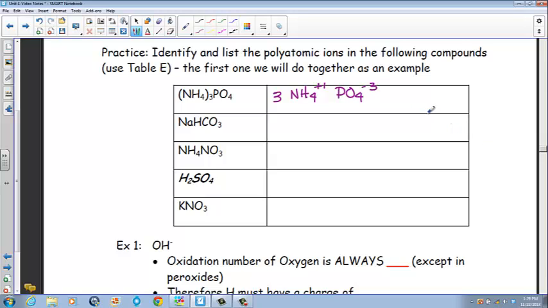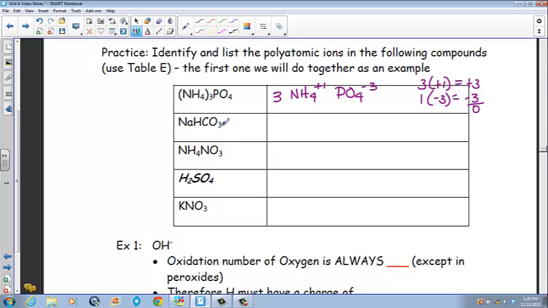So let's make sure that it balances out. 3 times a +1 equals a +3. And then you have 1 phosphate ion with a -3 charge equals a -3. So therefore you have 0. So this compound does exist.